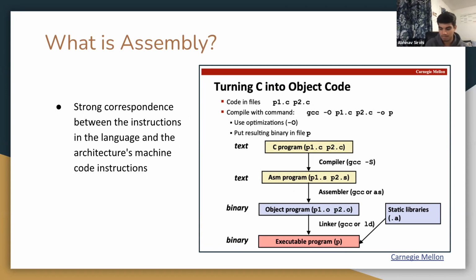When we have a language like C or Java or Python, what we write doesn't actually translate directly into what the computer is doing, right? It's a much more high level view, such as a for loop or an if statement.